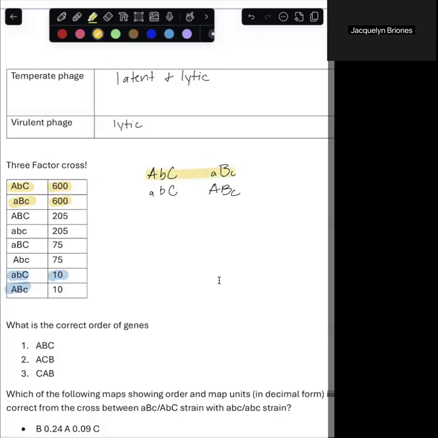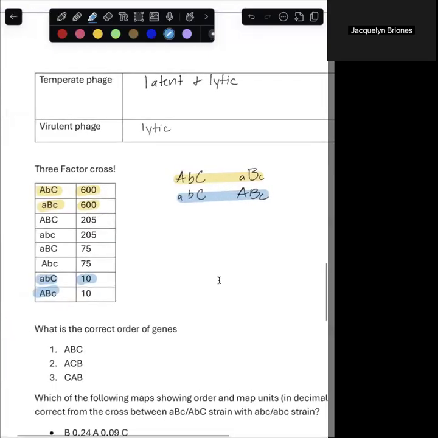Remember, these are our yellows, and these are our blues. And this is how we find the middle gene.